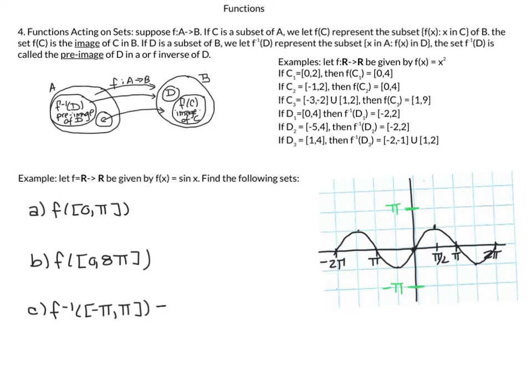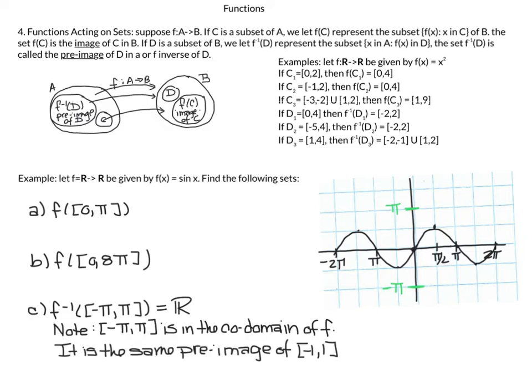And that would be all the real numbers. So I included this note here that because we have this inverse, we're looking at a pre-image, that means this is the codomain, so it's over here, it's like this D.